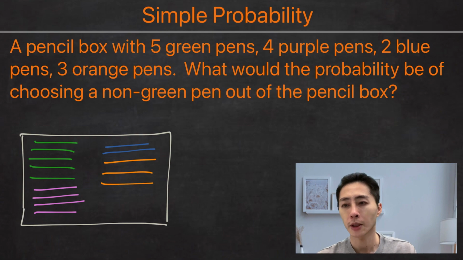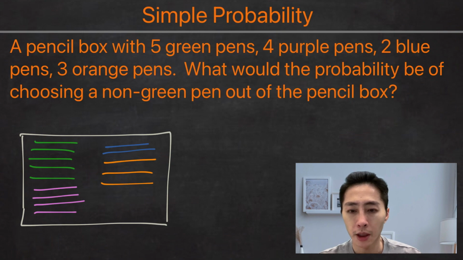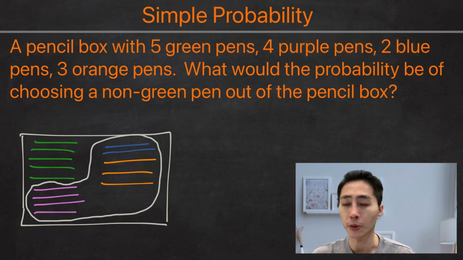Okay, and now the question asks, what would the probability be of choosing a non-green pen out of the pencil box? So the chance of you getting a non-green pen would be anything besides the green pen. So it would be any of these 3 colors besides the green.